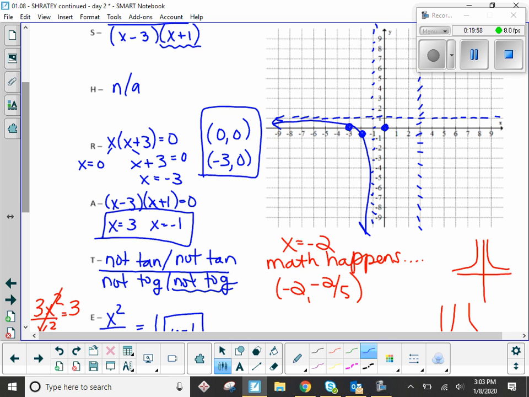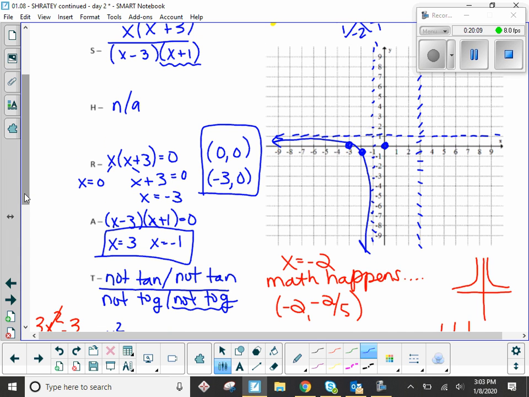We said that when you're at that asymptote, the graph is not going to come together. The graph is not going to go the same direction on both sides. So I know this direction now. So if it's not coming together over here, it's going away. So instead of down, it's going to be going up. Okay. Because that's away.